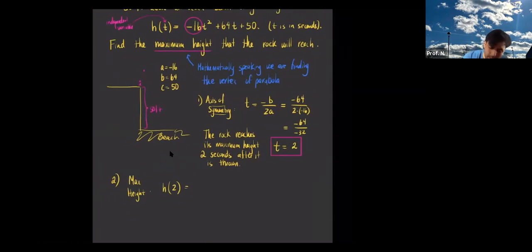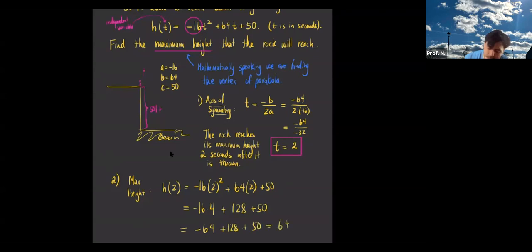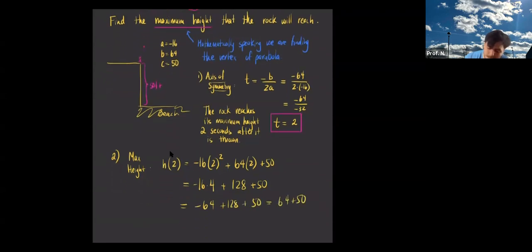So I get negative 16 times 2 squared plus 64 times 2 plus 50. And I get negative 16 times 4 plus 64 times 2, which is 128, plus 50. Negative 16 times 4 is negative 64, plus 128 is 64. 64 plus 50 is 114.